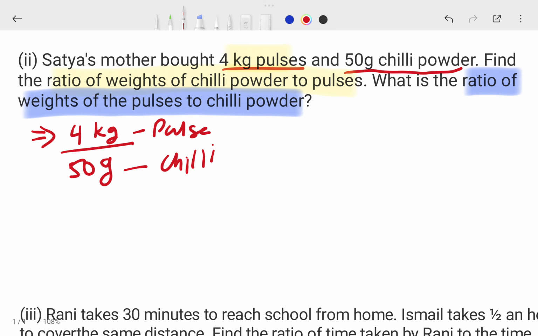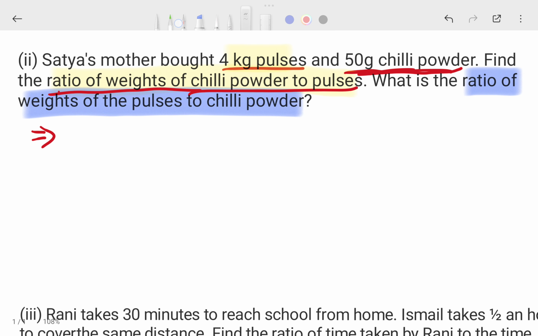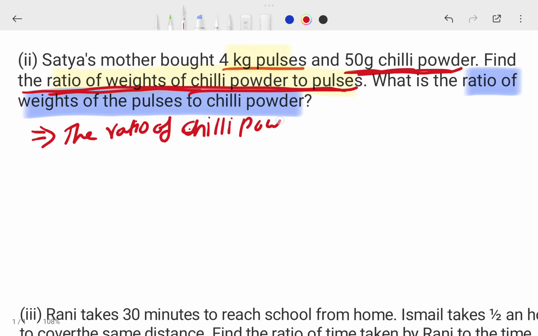So we have to find first the ratio of chili powder and pulse. Where is the chili powder? The chili powder is here. So let's find the ratio of chili powder to pulse.